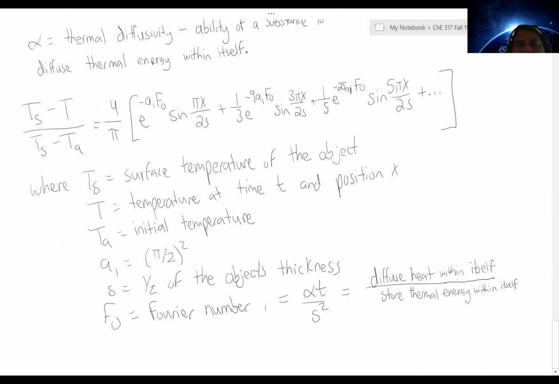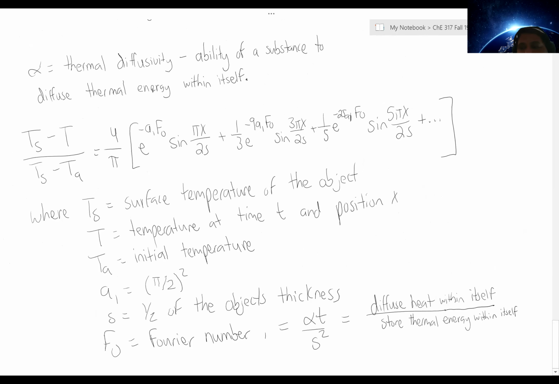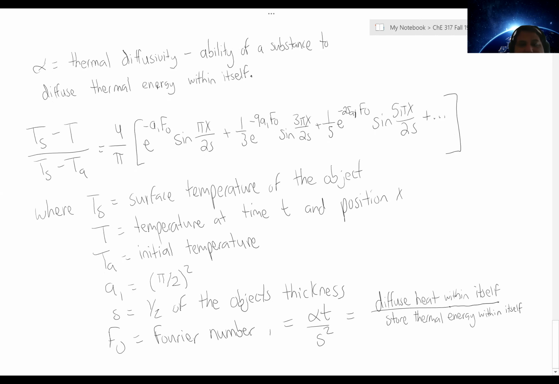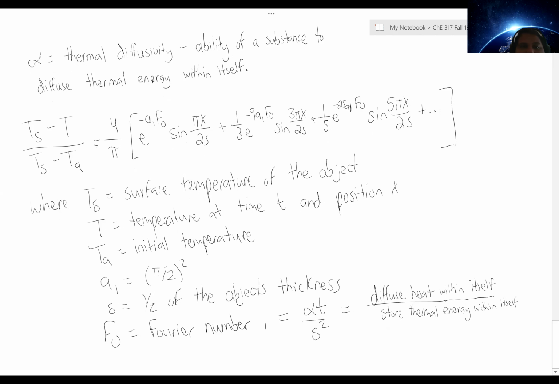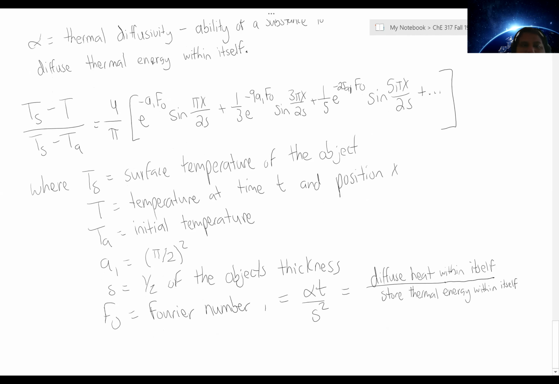So what do we have? We have a really messy series solution that can give us an idea of temperature profiles that exist within objects as a function of both time and position, provided we have some information associated with the temperatures in terms of constant surface temperature and initial temperature, as well as a Fourier number.